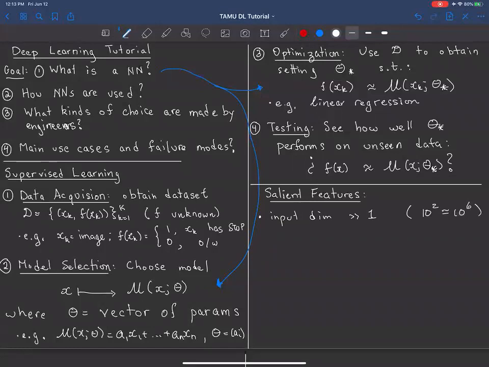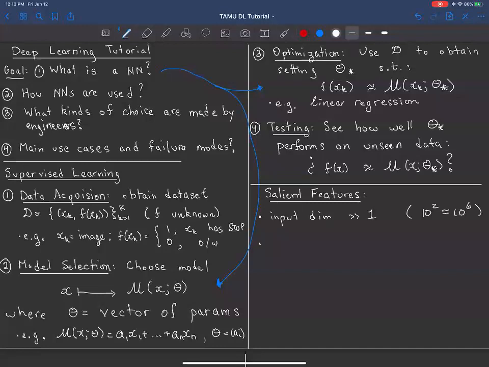That's not impossible to have neural networks with these kinds of input dimensions. Traditionally in the machine learning world, people worried about things like the curse of dimensionality, where really high dimensional inputs are hard to learn, but something about neural networks helps them overcome it, at least in some cases. So this is one aspect.